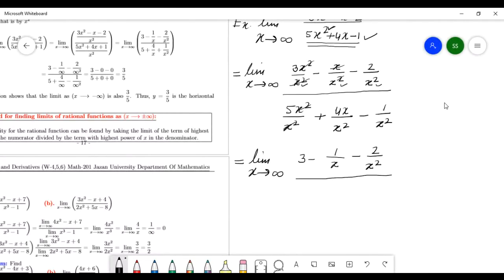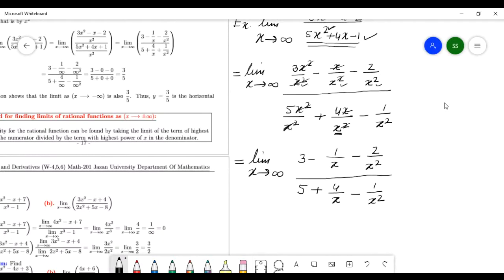Divided by 5 plus 4 divided by x minus 1 upon x square.